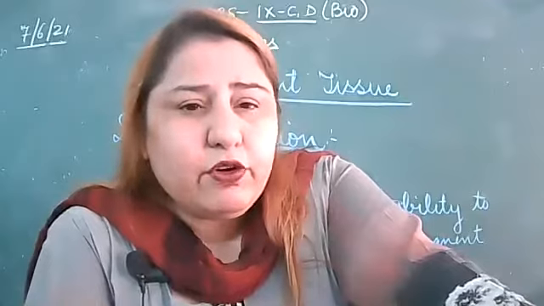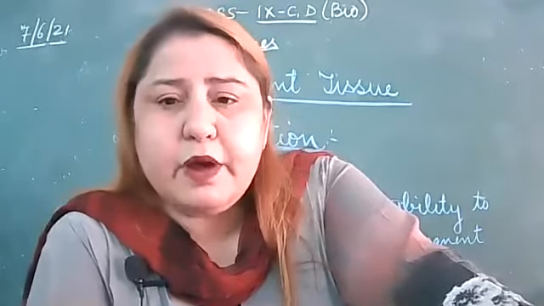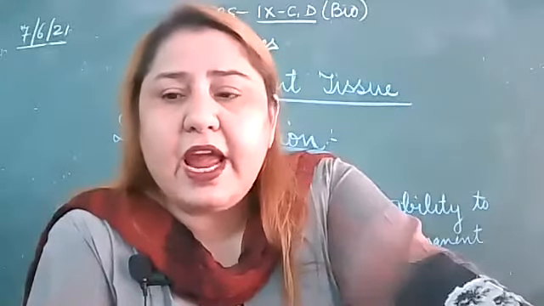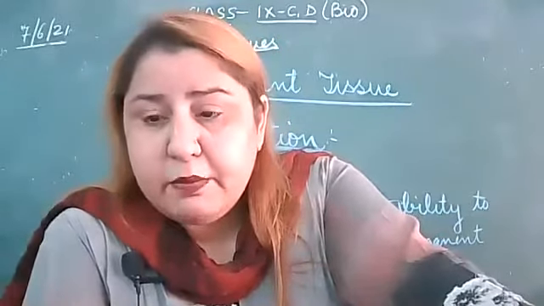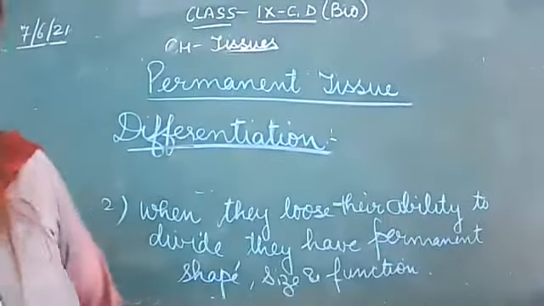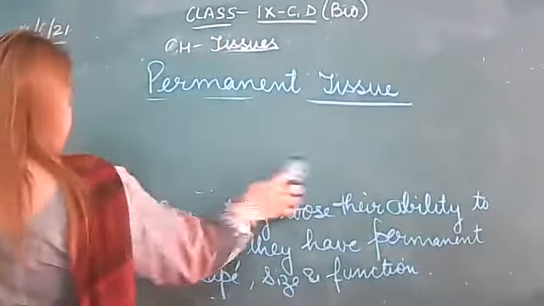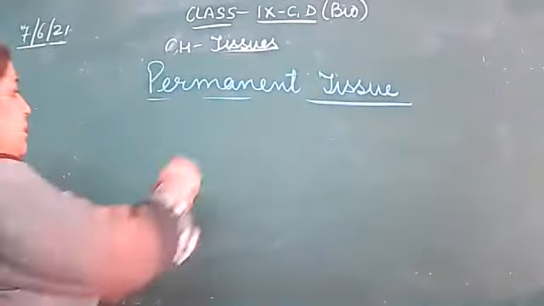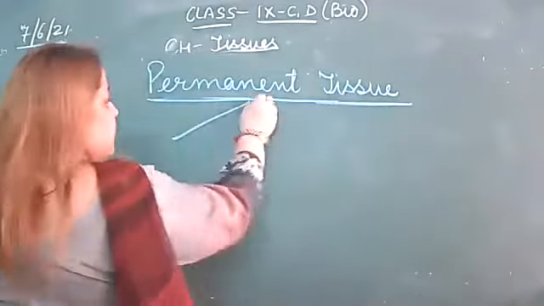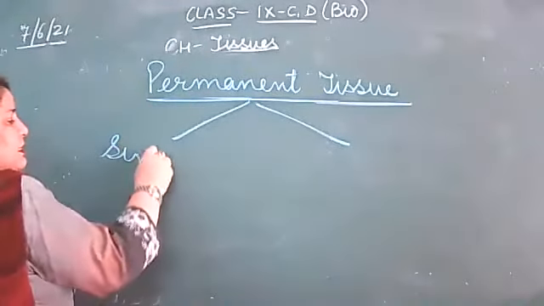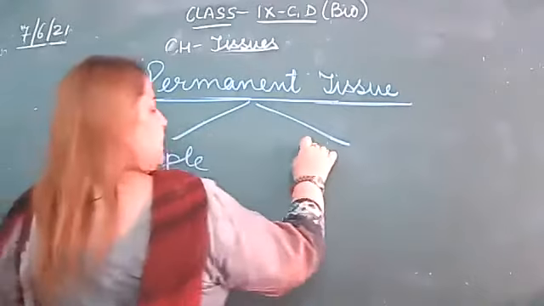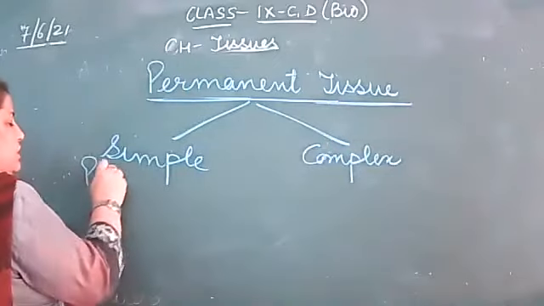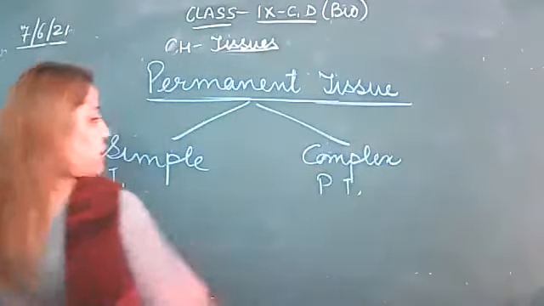Right? In the flow chart, we already had discussed that permanent tissues are of two types, simple permanent tissue and complex permanent tissue.